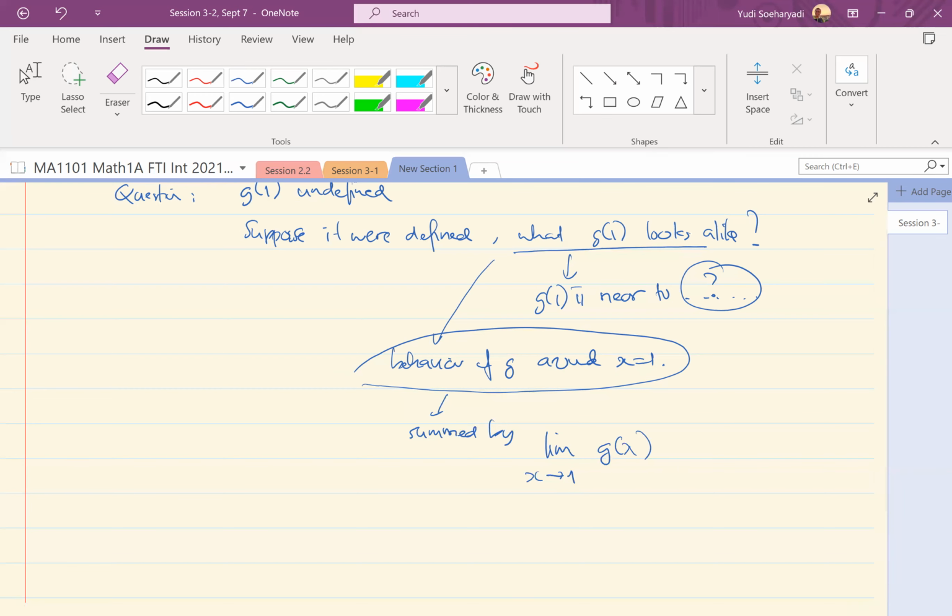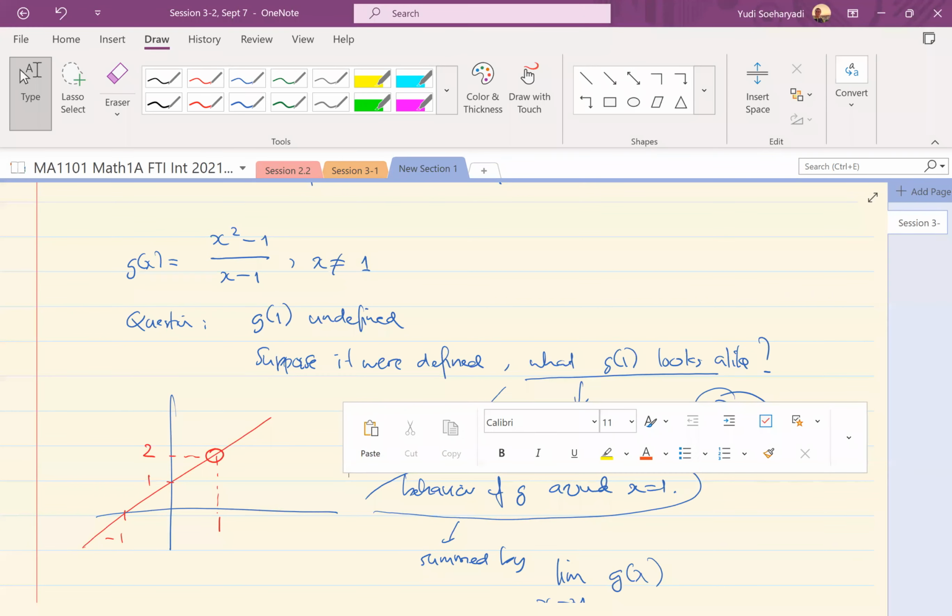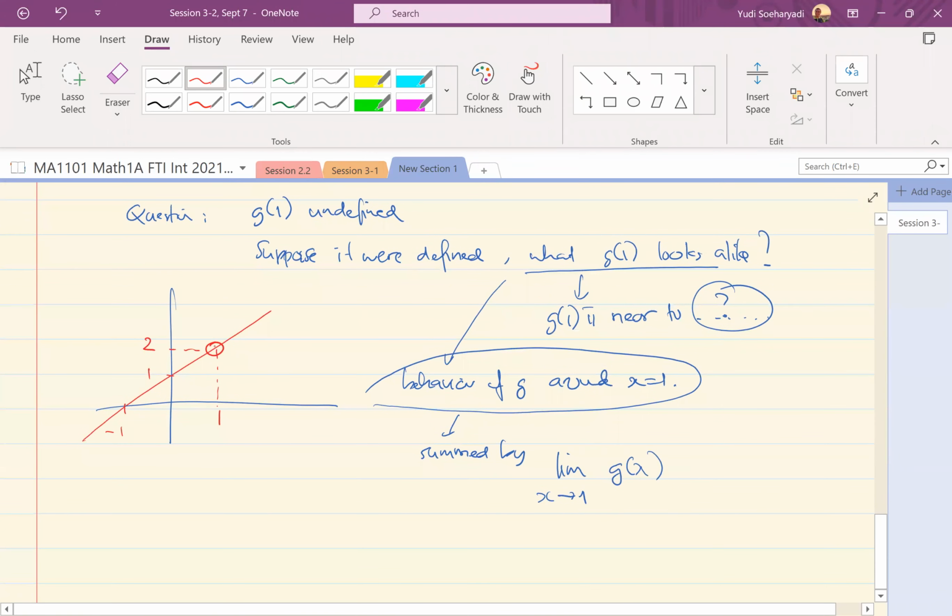So you see that just from the picture, even though g(1) is undefined, the value, if it were defined, is close to the number 2.